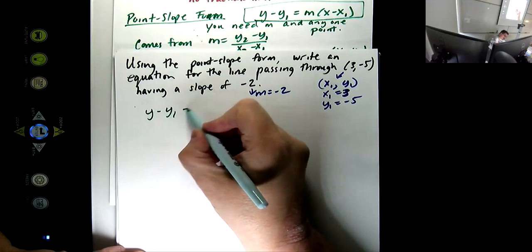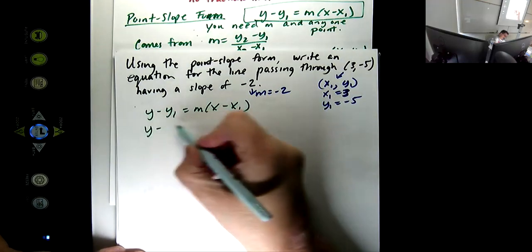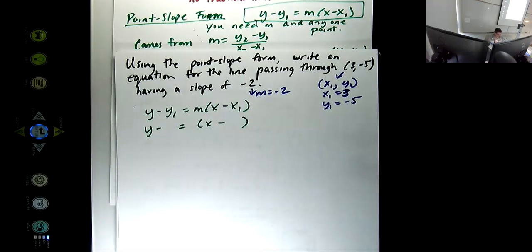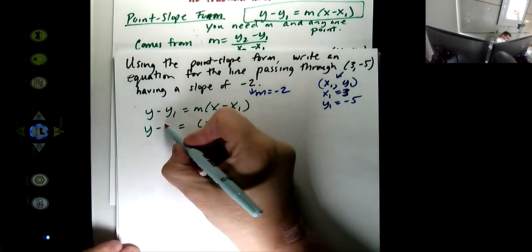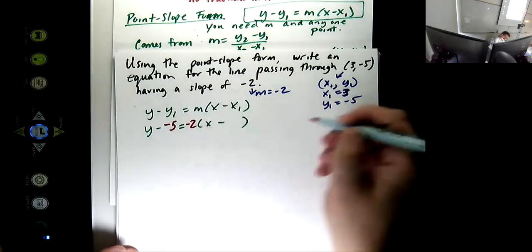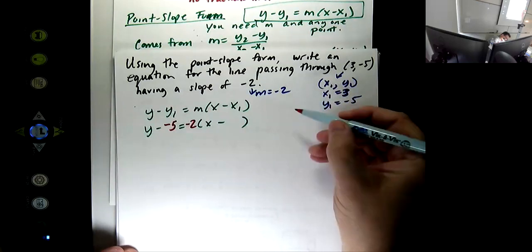We're just going to replace those three things, m, y1, and x1, with those values. y1 is -5, m is -2, and x1 is 3.